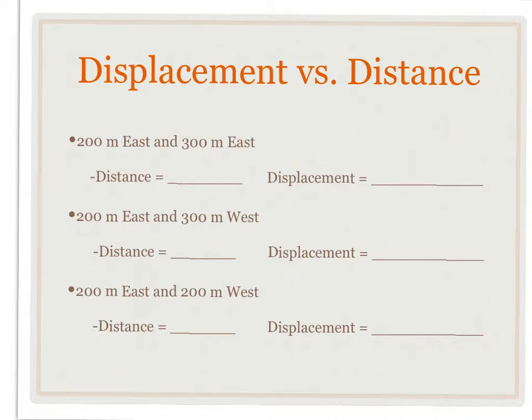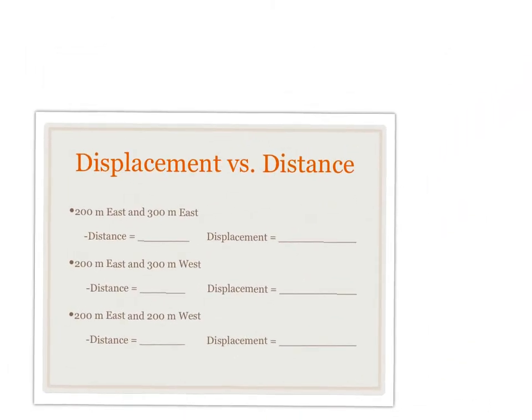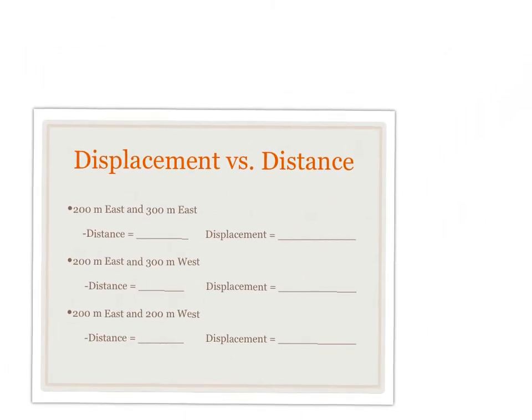Okay, so the difference between displacement and distance: displacement has that direction associated with it. Distance is going to be just a number. So the best way to do these types of problems, these ones you notice you can see east and west as our directional words, I'm just going to draw a number line.